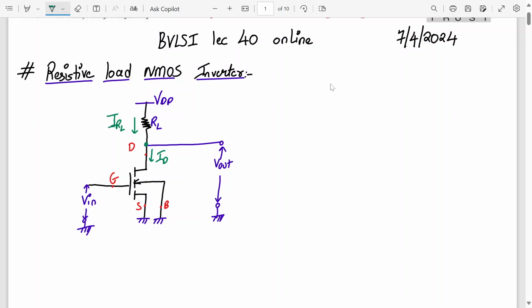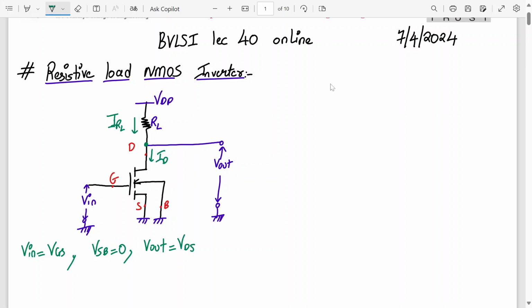Okay. So now let us begin with the analysis, and we have seen last time from the observation that input Vin is actually equal to VGS. VSB is equal to 0. Output Vout is actually equal to VDS.